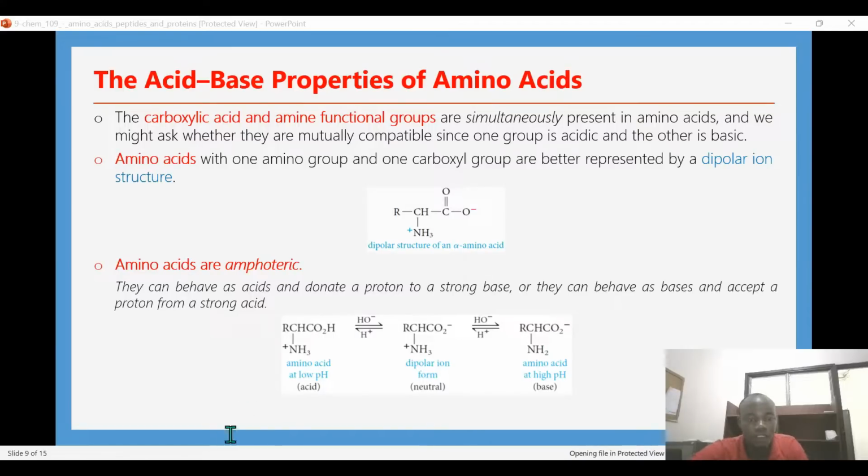How does it have acidic properties? When it donates a proton. And when it accepts a proton, it has basic properties.